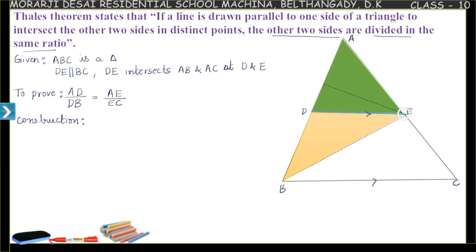So for base AD, EF is the height. For triangle DBE also, DB is the base and EF is the height. For triangle ADE also, AD is the base, EF is the height. Now construction, EF perpendicular to AB.